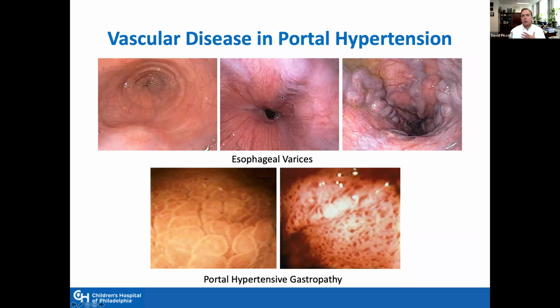These are mildly swollen blood vessels in the esophagus, and these are much more expanded blood vessels. And right after lunch, we don't really show any pictures that go any further along that sequence. You also get increased blood pressure in the vessels of the stomach wall, and we can see that on a scope as well. And it can bleed, but it's not the same magnitude as bleeding from the esophagus.